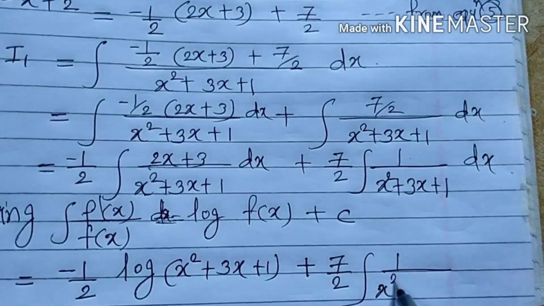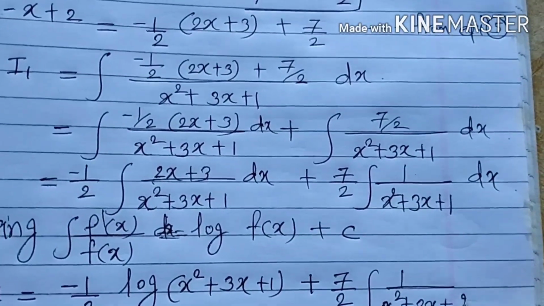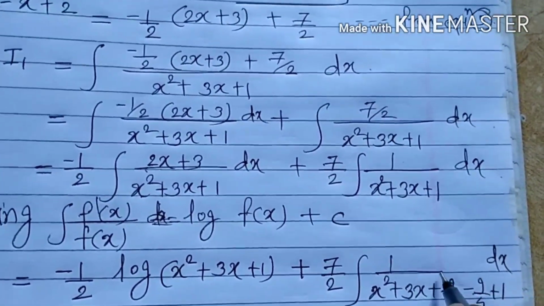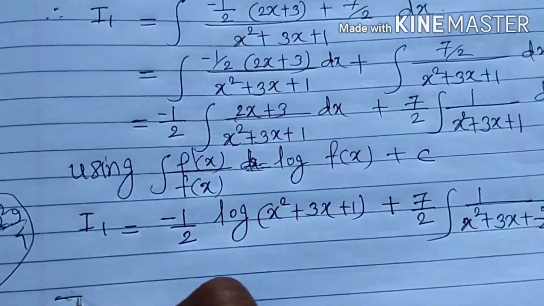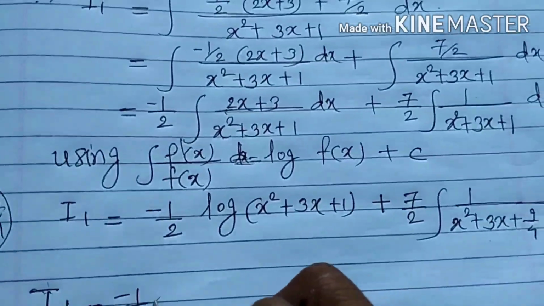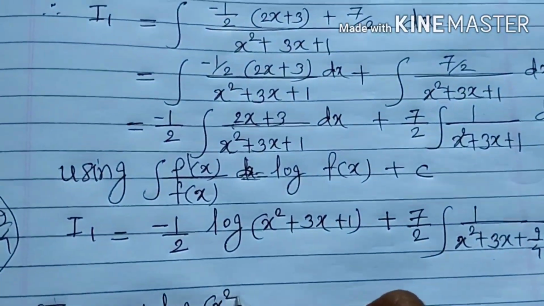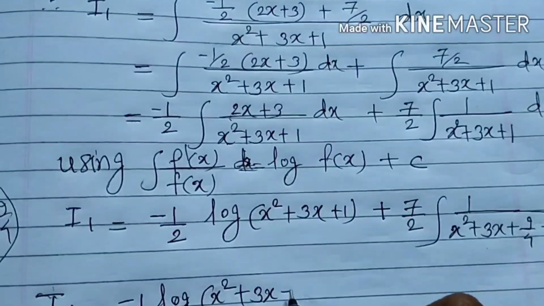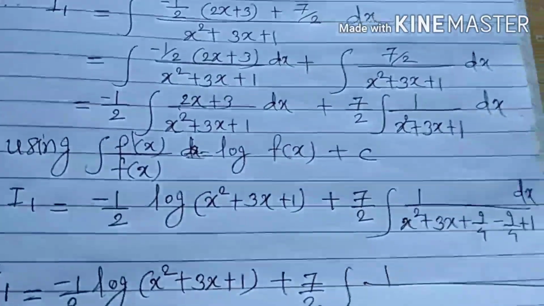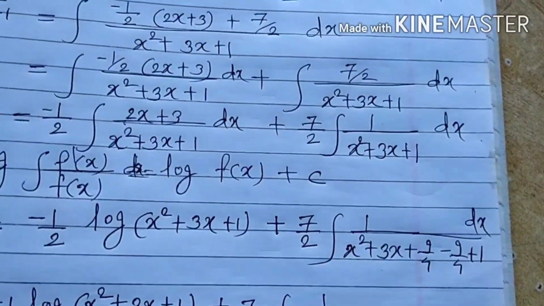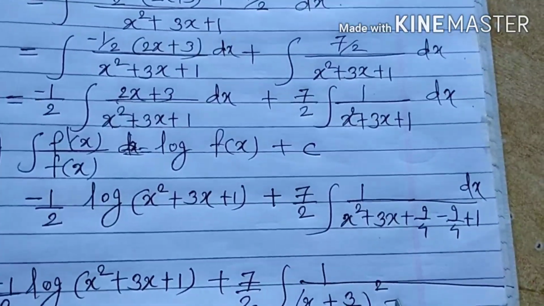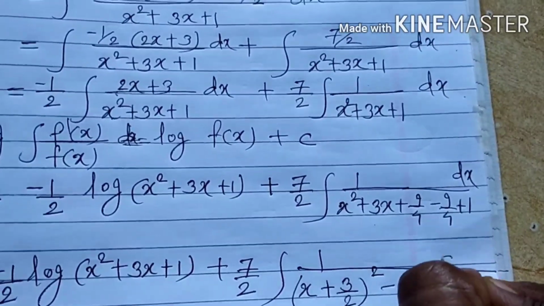So it is x square plus 3x plus 9 by 4 minus 9 by 4 plus 1 dx. Therefore I1 is minus 1 by 2 log of x square plus 3x plus 1 plus 7 by 2 integration of 1 upon the square of x plus 3 upon 2 whole square, minus 5 by 4 dx.